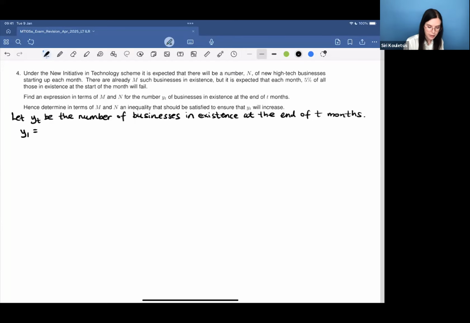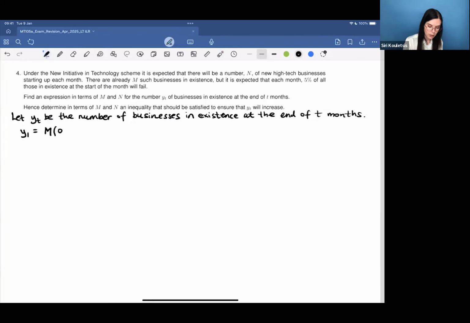So Y1 then, well, what is Y1? According to my definition above, it is the number of businesses in existence at the end of 1 month. So let's see how many those are. We were told that we already have capital M businesses in existence, but once we get to the end of the month, 5% of those in existence at the start of the month will have failed.